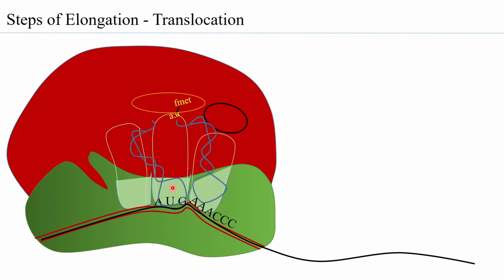So you can see that with the formation of the peptide bond, the tRNA at the P site tilts to the E site, the upper acceptor arm side tilts to the E site, and the tRNA that is present in the A site is also partially tilted towards the P site. So the 3' end of both the tRNAs, as you can observe, is tilted towards the other side.